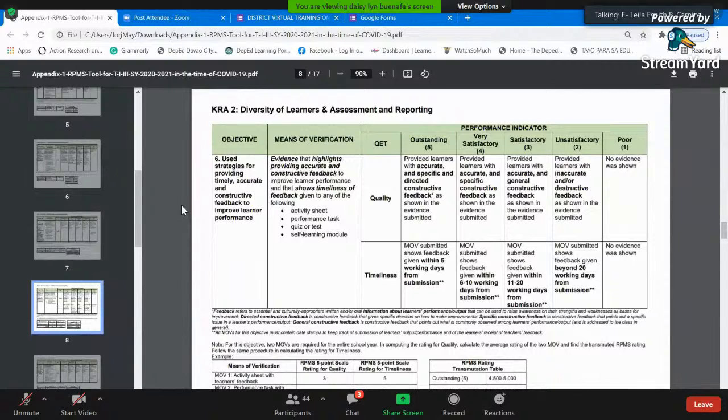Okay. So, mauna ha, kamo na bahala anak teachers mo assess sa inyong sariling mga output. Kay ngano, next, quality pa lang to sa feedback ang ato ang gi-rate. Naa pa joy timeliness. Okay, baka kuha ka og 5 sa timeliness kung ang MOV nimo submitted feedback shows feedback given within 5 working days. 5 working days from submission.